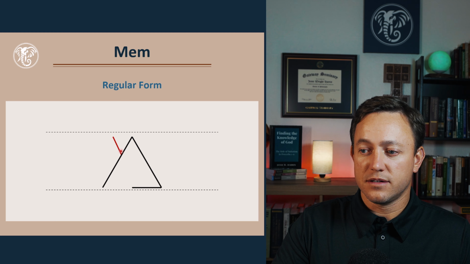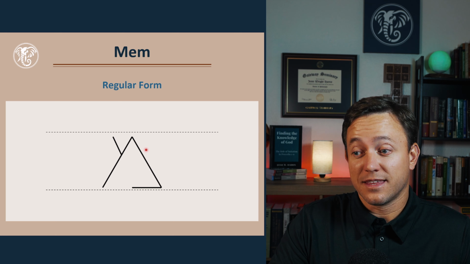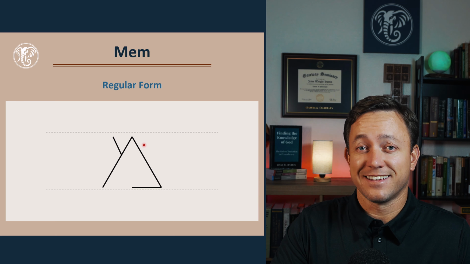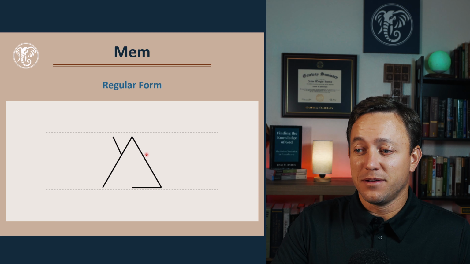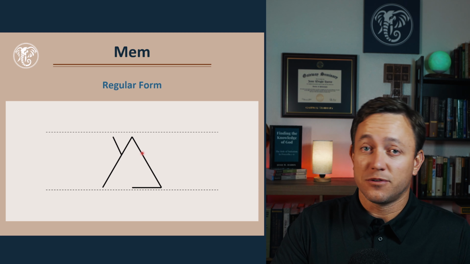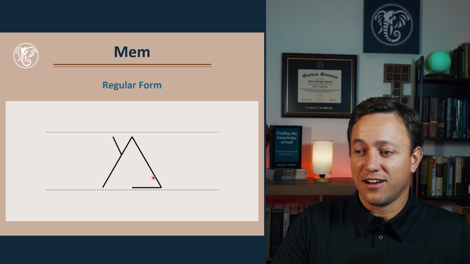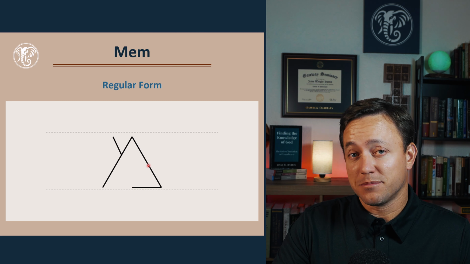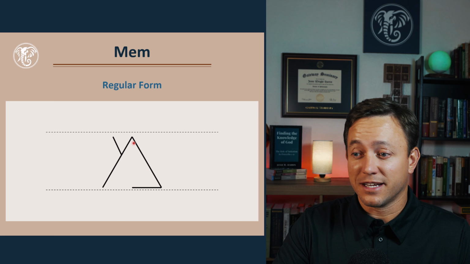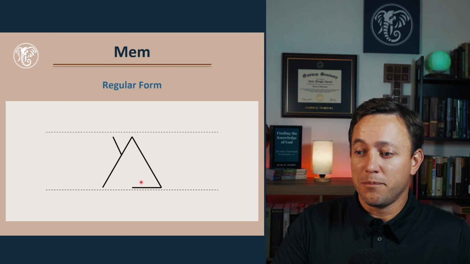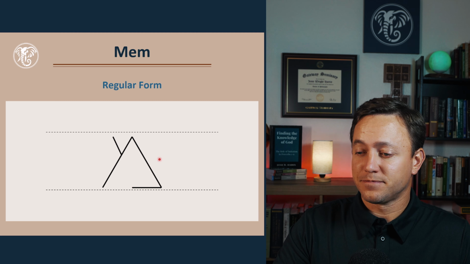And then there's this little piece that sticks up here off to the left side. And so you end up with, I think, it kind of looks like a mountain. And so maybe that'll help you to remember this letter. Mem or M is for mountain, right? Now, the word Mem doesn't mean mountain in Hebrew, but mountain starts with an M in English. So M or Mem is for mountain.